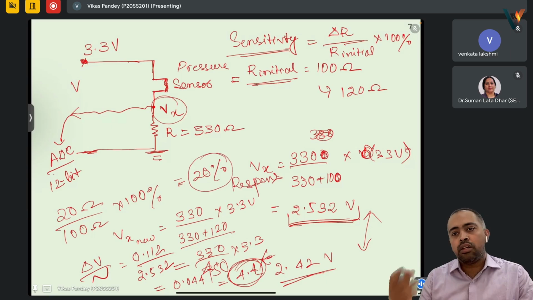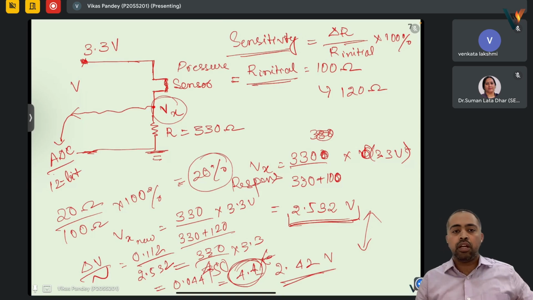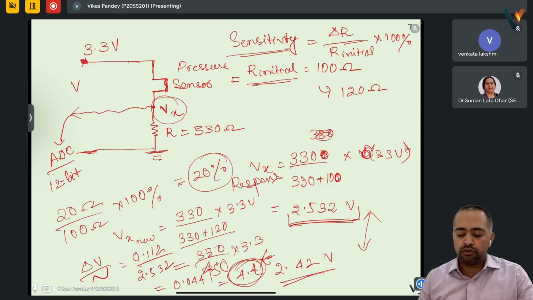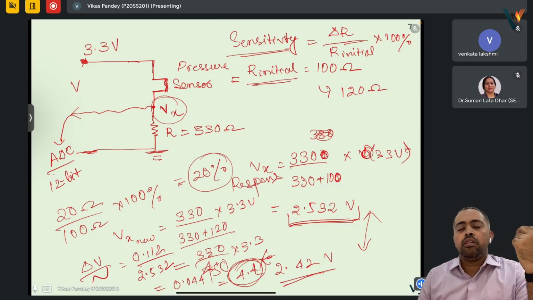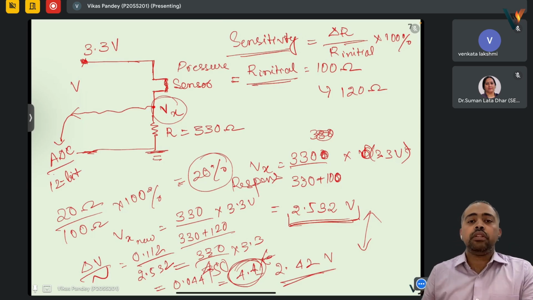Similarly, for different values, 20%, 30%, and so on, we will have a pre-calibrated curve from which we can say, for a 20% change in the resistance, what is the corresponding pressure.